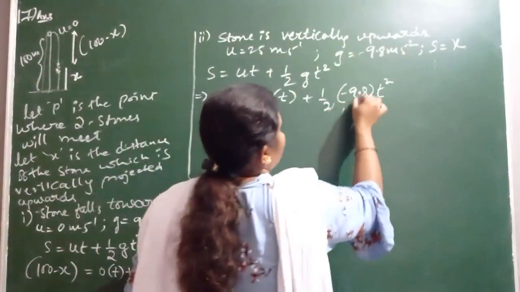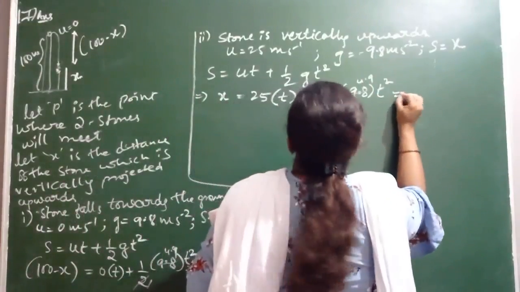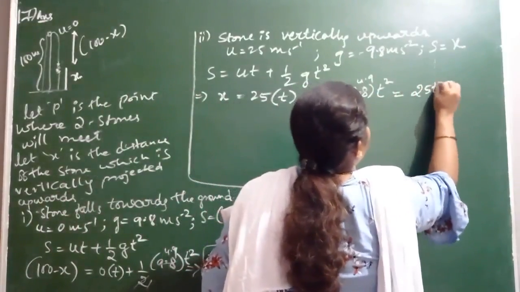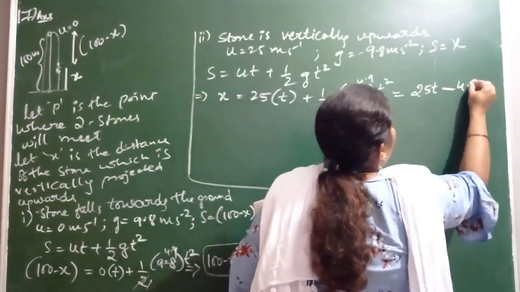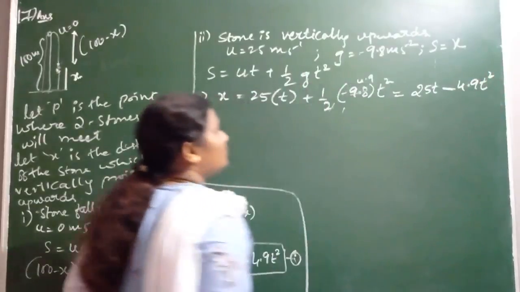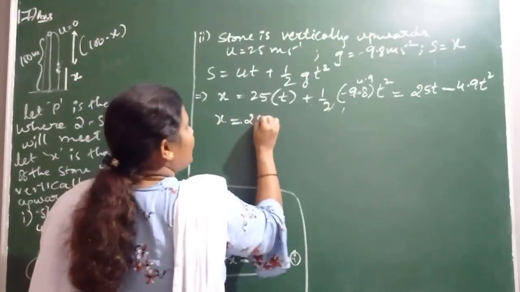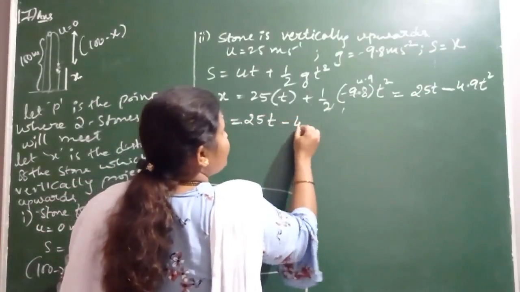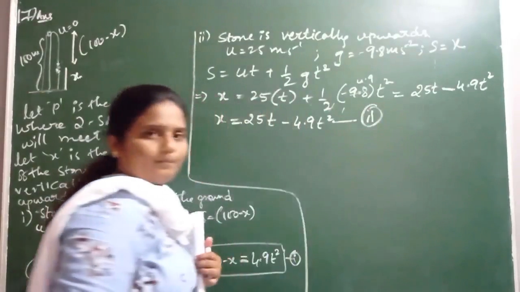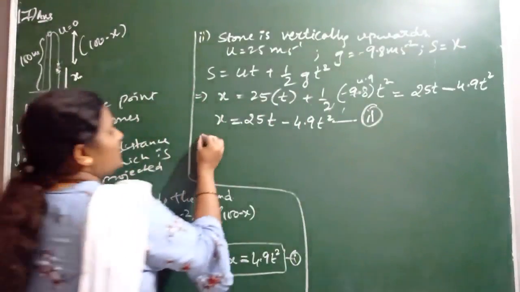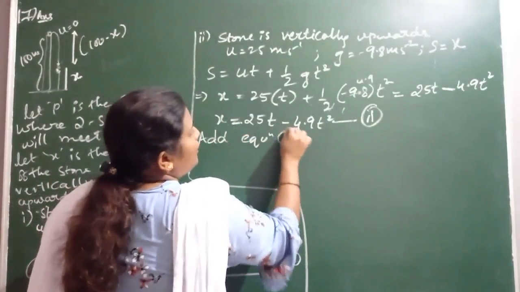So, once again do the same, 4.9. So, which is equal to how much children? 25 t, plus into minus, minus 4.9 t square. So, what is that? x is equal to 25 t minus 4.9 t square is the second equation. Now, we have to add equation 1 and 2.